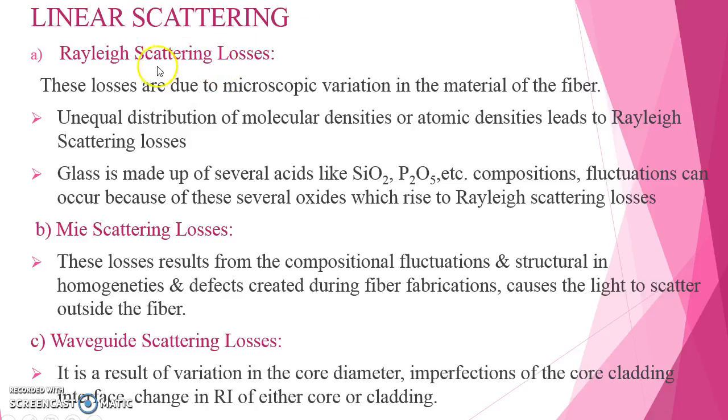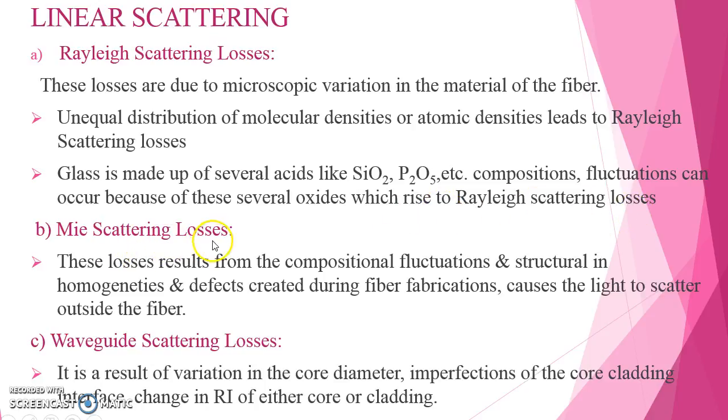Linear scattering, Rayleigh scattering losses. These losses are due to microscopic variation in the material of the fiber. Unequal distribution of molecular densities or atomic densities leads to Rayleigh scattering losses. Glass is made up of several oxides like SiO2, P2O5, etc. Compositional fluctuations can occur because of these several oxides, which give rise to Rayleigh scattering losses.